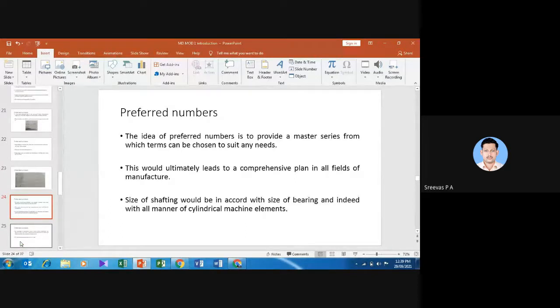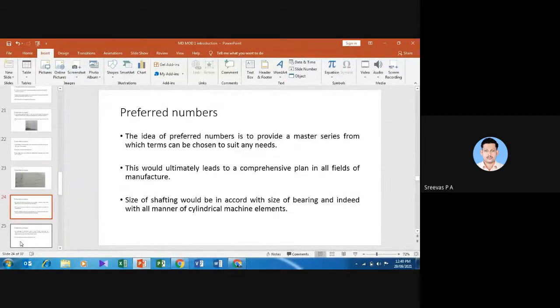So the idea of preferred numbers is to provide a master series from which terms can be chosen to suit any needs. So you have to choose the numbers from the series. That is the idea behind finding out the series. Okay. This would ultimately lead to a comprehensive plan in all fields of manufacture. Okay.